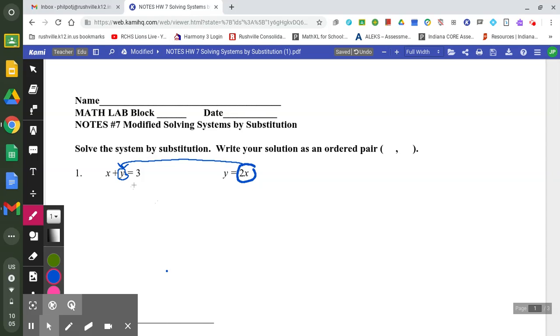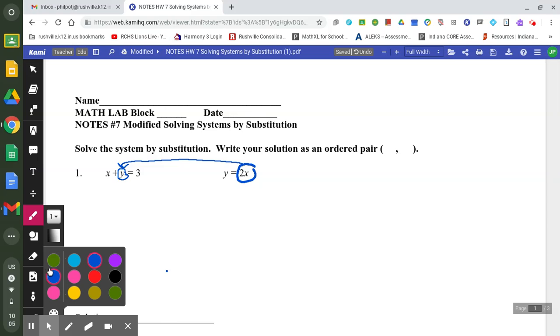I'm just going to substitute it in for that y. So then when I rewrite this first equation, I'm going to write x plus, and then instead of y, I'm going to write 2x. And then I will finish out the rest of the problem, equals 3.